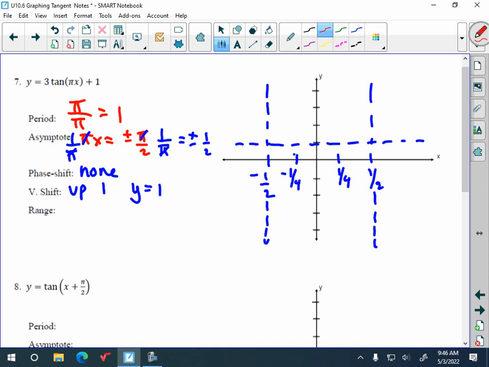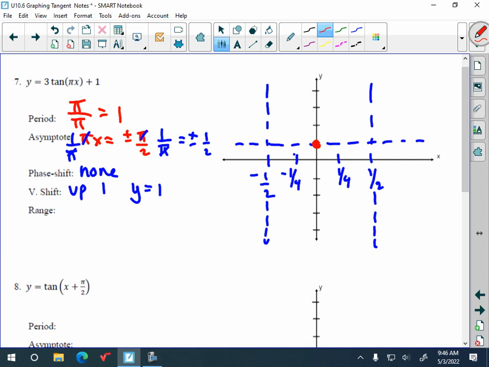All right, so let's put our 3 dots in there. It's going to cross at the midline and the y-axis. That's our middle one. We have an A value of 3, so from our midline and this first tick mark on the right, we're going to go up 3 units and put another point. We know the graph's going to go up on the right and down on the left.